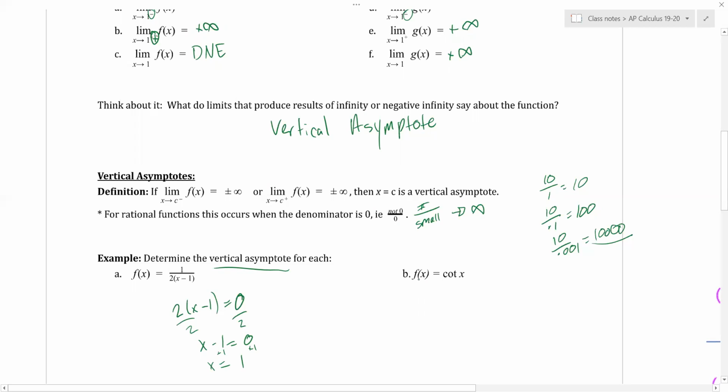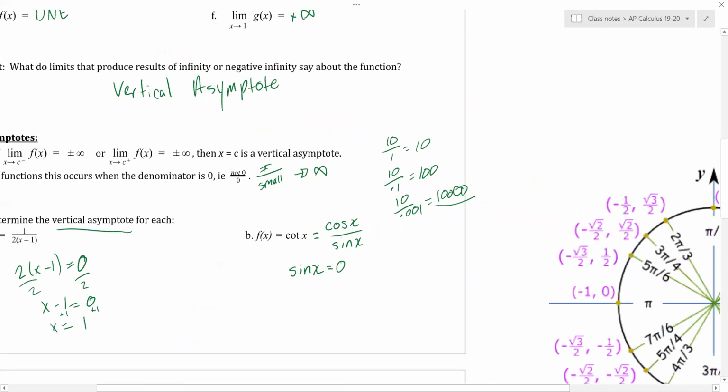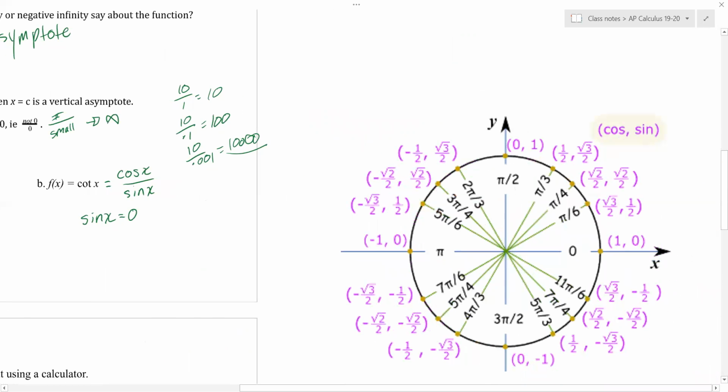Let's look at this function. f of x equals cotangent of x. Remember, cotangent of x is the same as cosine of x over sine of x. So again, we want our denominator to equal 0 to find our vertical asymptote. So if we look on our unit circle, which you have to memorize, we'll see the first number is always cosine, the second number is sine.